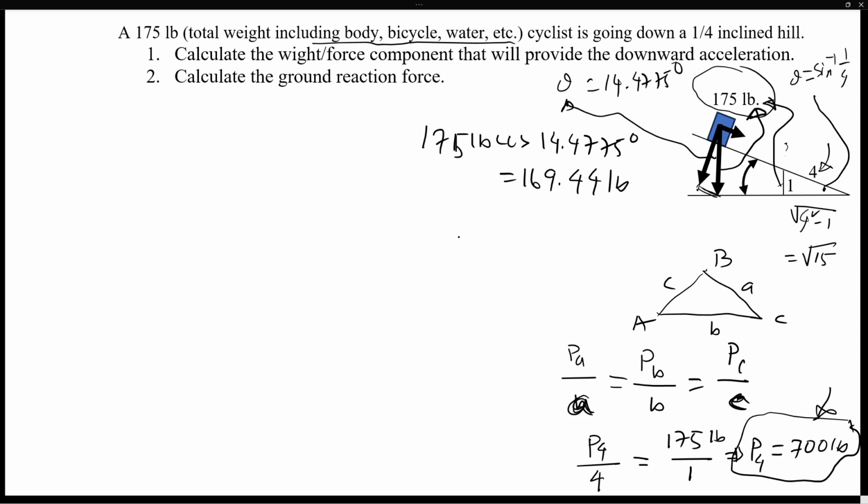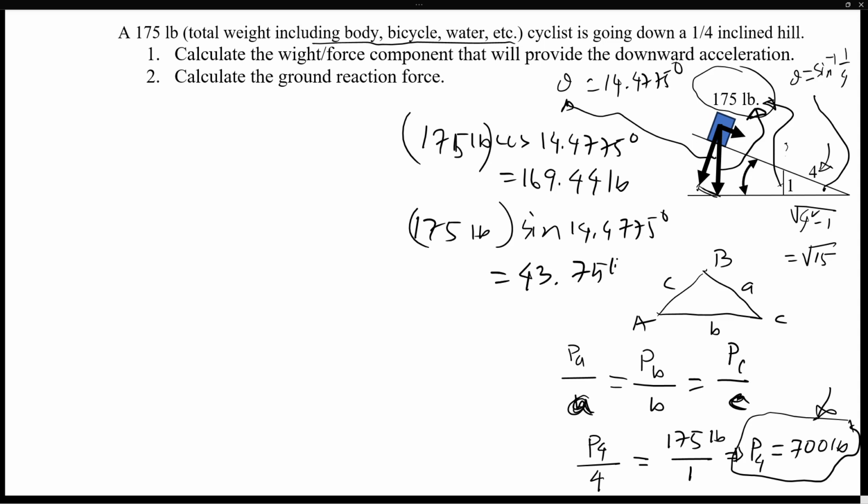Then along the hill, that's going to be the sine: 175 pounds times sine 14.4775 degrees, which will be 43.75 pounds. Now it makes sense. Yes, so this is the component that will provide the downward acceleration. The 169 pounds will be the ground reaction in this situation.